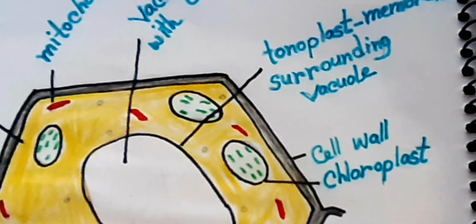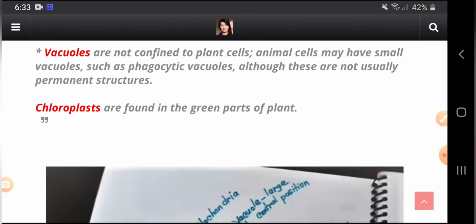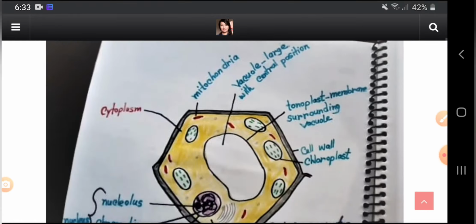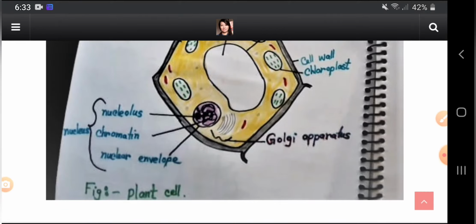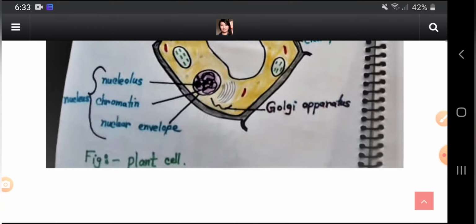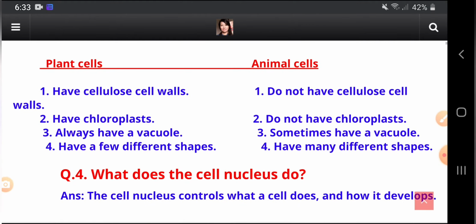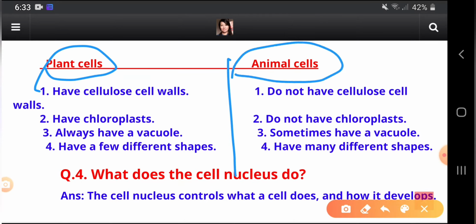Chloroplasts are found in green plants. That is another difference. In the plant cell you can see the chloroplast, which is green. So this is the structure of a plant cell: Golgi apparatus, here is the cell wall, chloroplast. You should draw some diagrams and practice. Here is another difference between the plant cell and the animal cell.